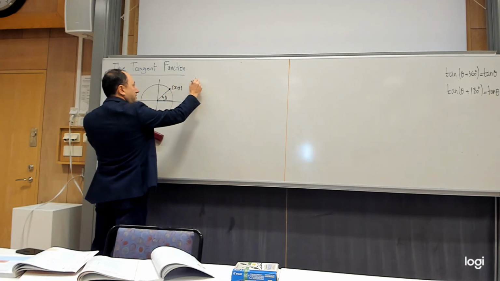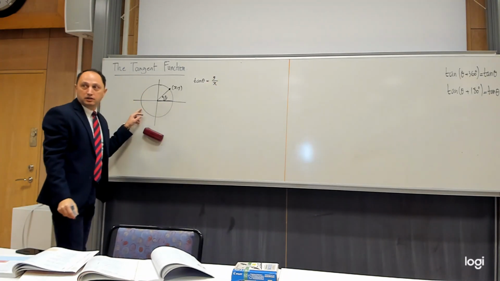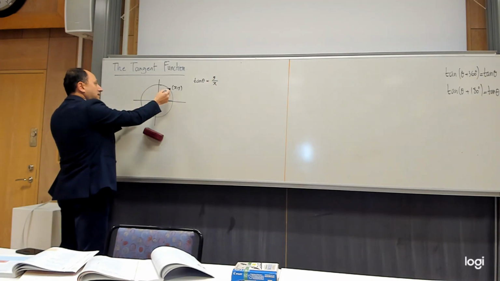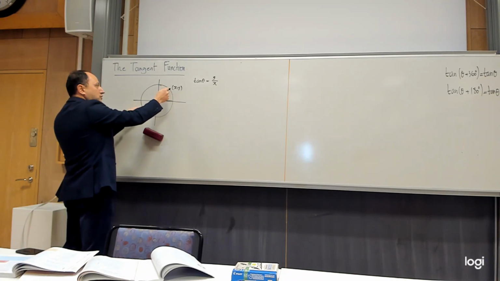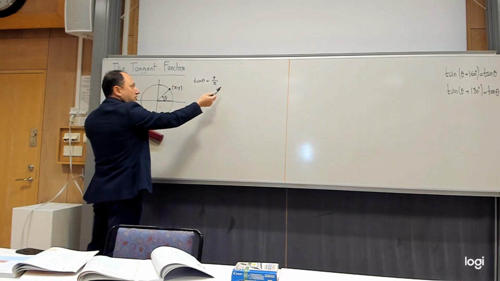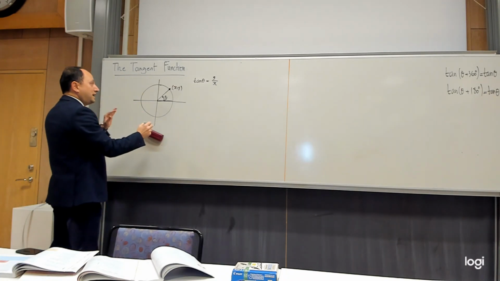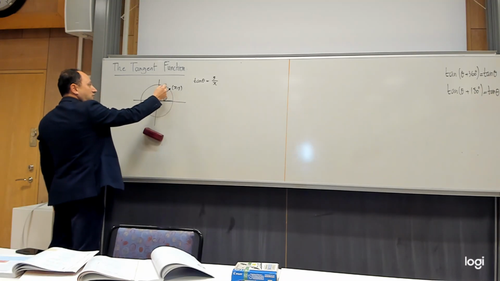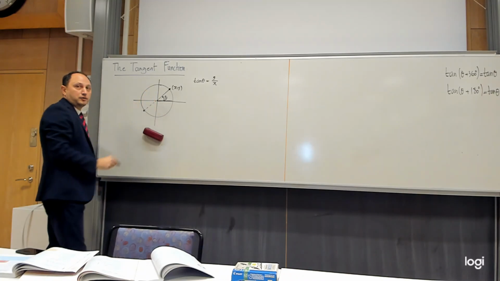If I ask you what the value of tangent of theta is, you would definitely answer y over x. It is clear that if I add 360 degrees, I will return to the same point, and y and x are the same, so if I divide them, it would be the same number. But I can do a little bit better. Instead of going one full round, I am claiming that you can go half a full round.